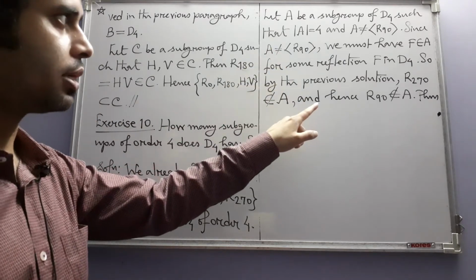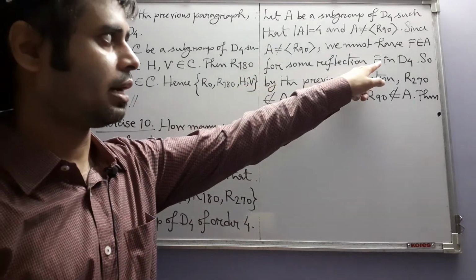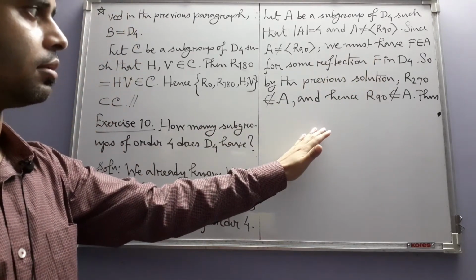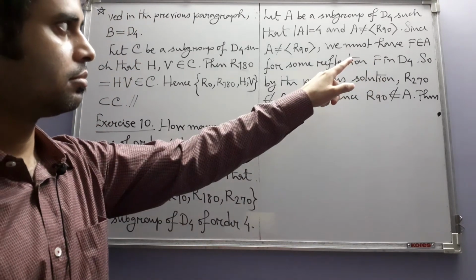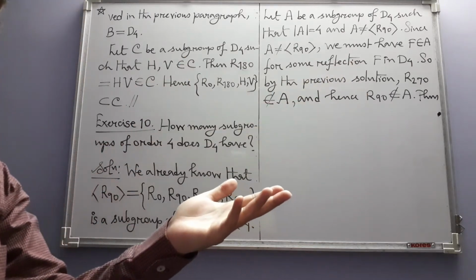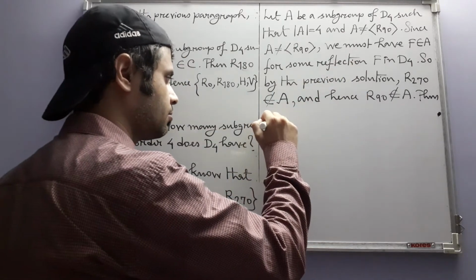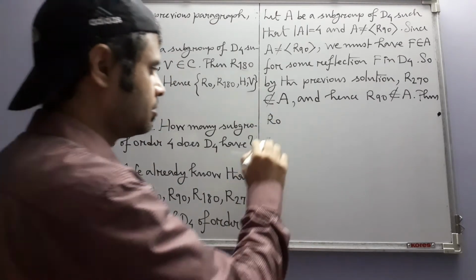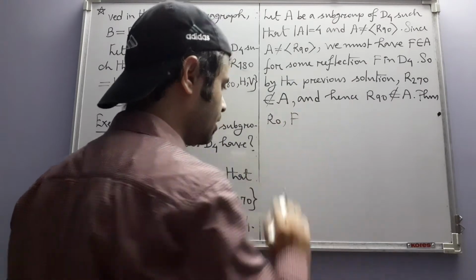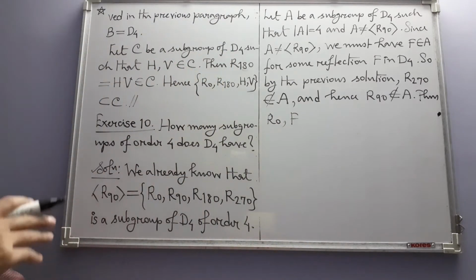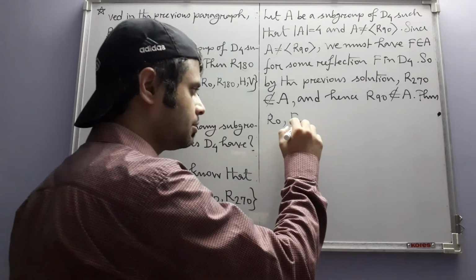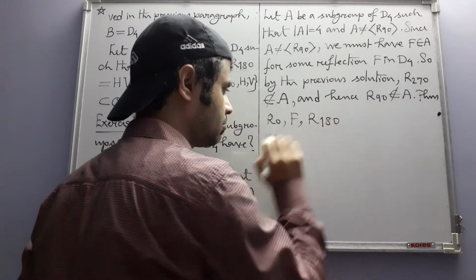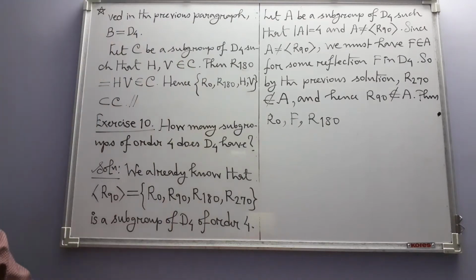Out of those, we already have a reflection, and a rotation, R0, the identity element, so it has to be in A. So we have R0, we have f, and in the extreme case we have R180.